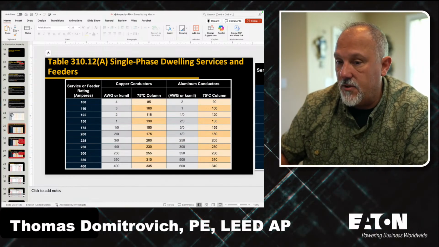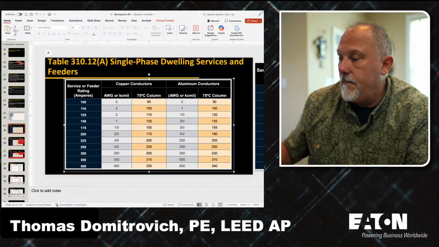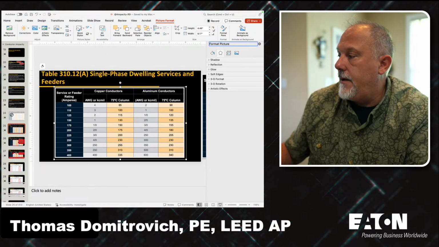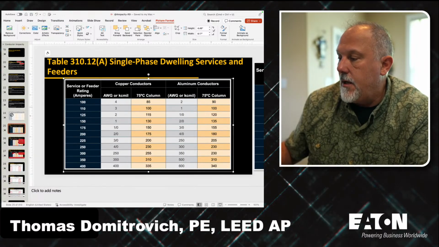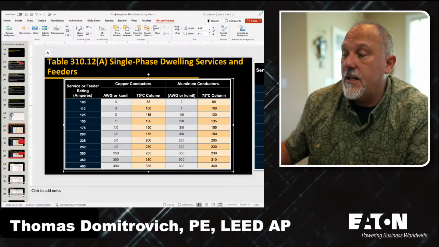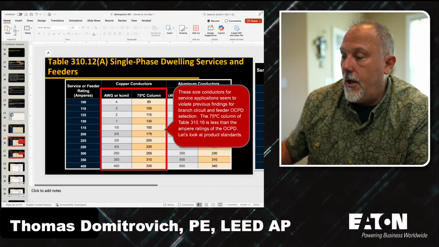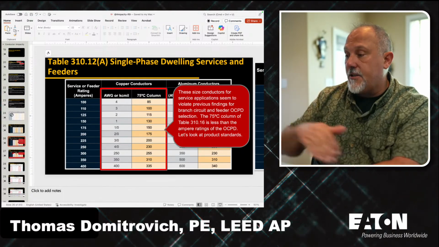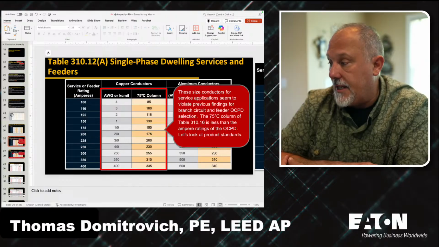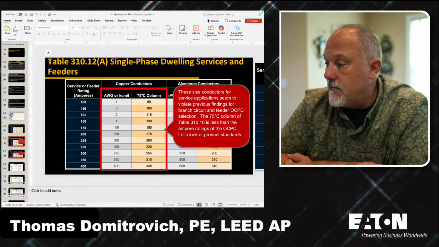And what the table tells me is, if I have a 100 amp circuit breaker, I can put a 4 gauge conductor on it. And so what I'm saying is those conductor sizes for service applications violate our previous findings, right?